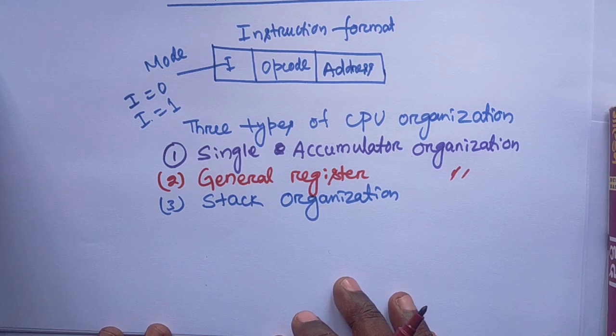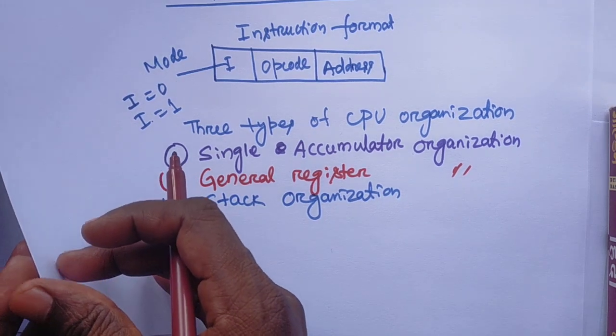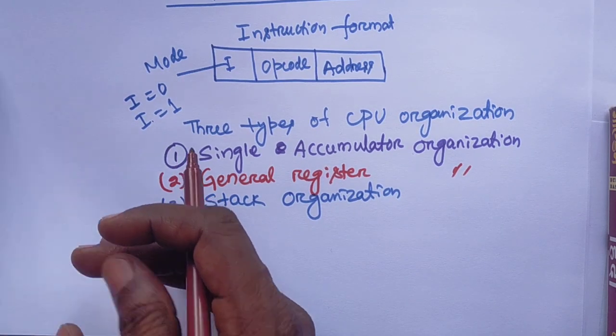If we go through single accumulator organization, for example, we will see which kind of instruction is defined through it. This is the first case we will consider.